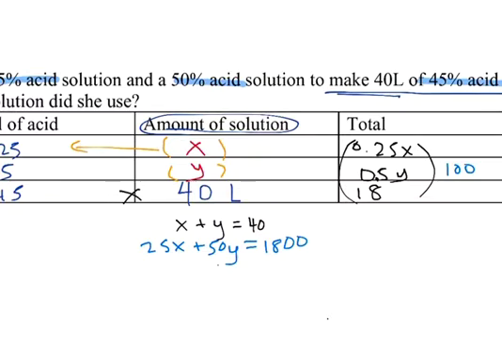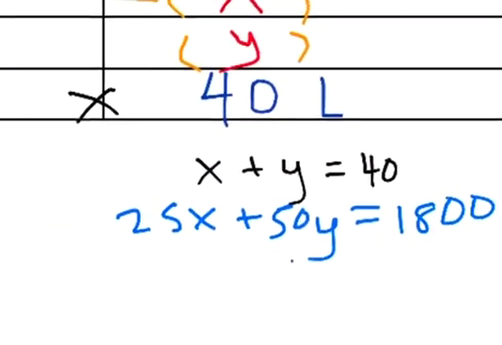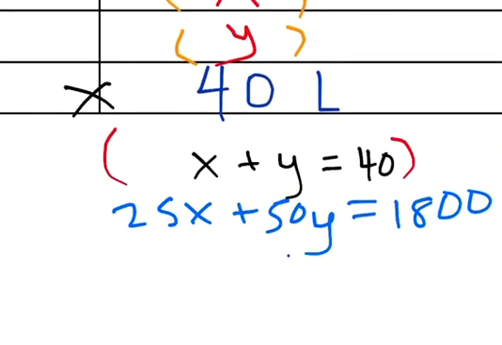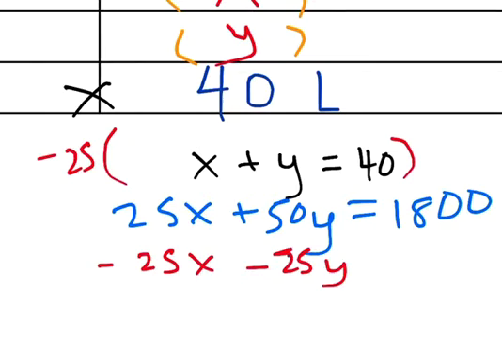Then I would get rid of the 50. Doesn't matter if you get rid of the 25 or 50. I'll do 25 because it's smaller. So that's negative 25x, negative 25y equals 0.